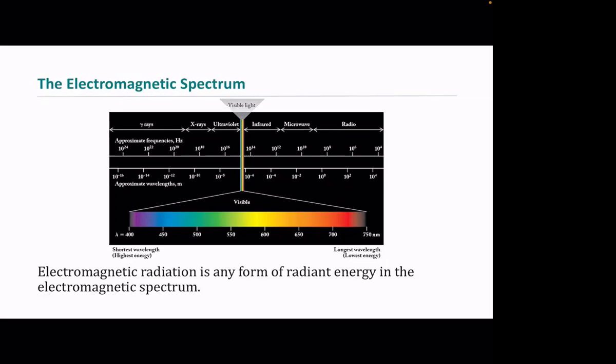Energy. Okay. It's propagation of energy. When you think about anything in the electromagnetic spectrum, it's energy propagating through space, and it travels as a wave. And what's unique about electromagnetic waves is they don't need a medium to propagate.